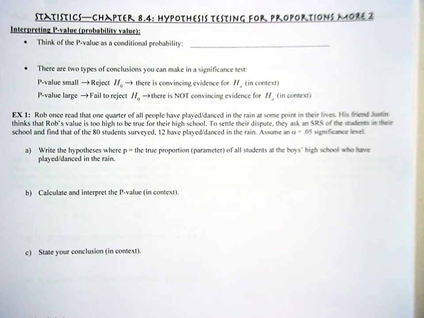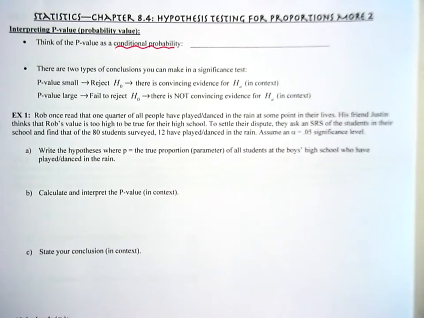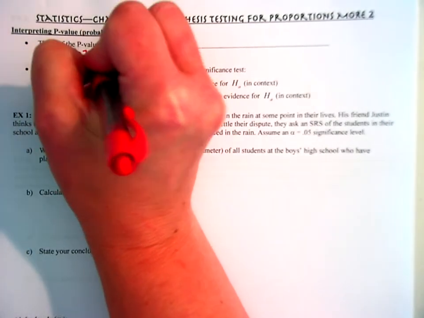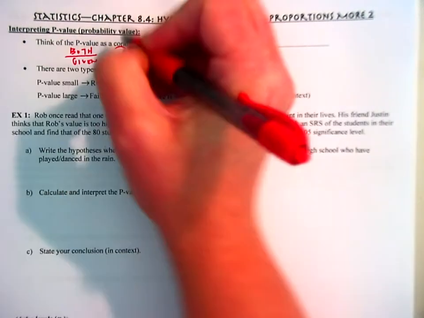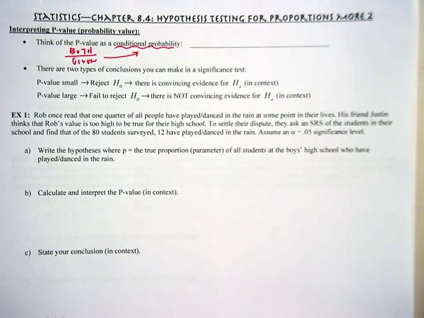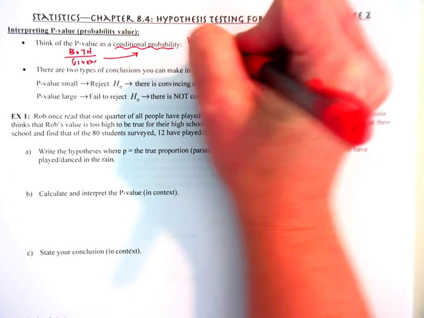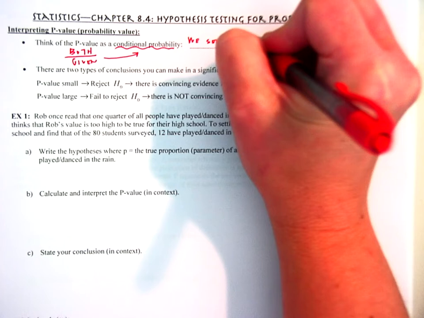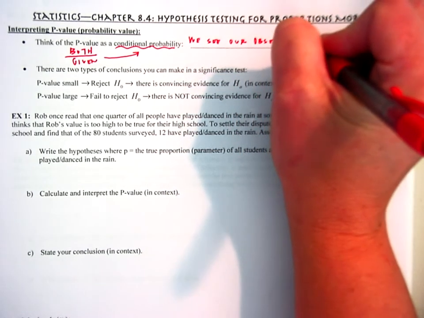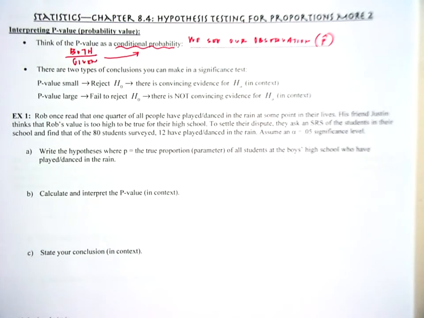So we really think of it as a conditional probability. If I return to what is a conditional probability, that's when we are saying it's really both over the given. We're picking from a subgroup within a larger distribution. So here we're saying, what is the likelihood we see our statistic, specifically our observation, given that the null hypothesis is true?